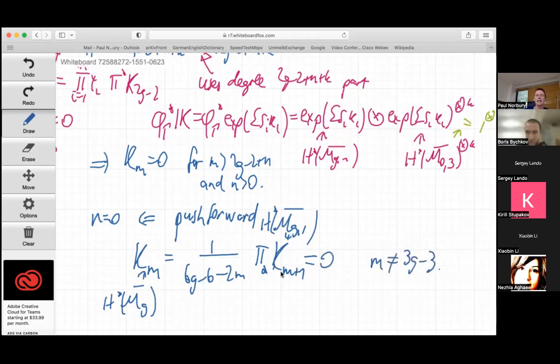So we can see exactly the failure of this argument, and indeed we can check that it doesn't vanish. In fact, the integral over M_g bar of K_{3g-3} is not equal to 0. We can calculate it explicitly. And so this argument breaks down, and in fact the result is not true.